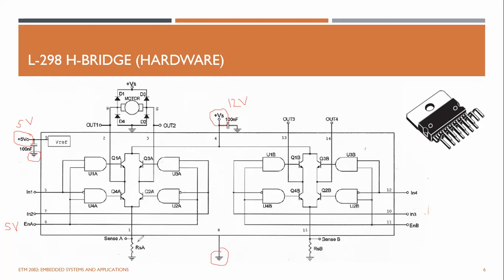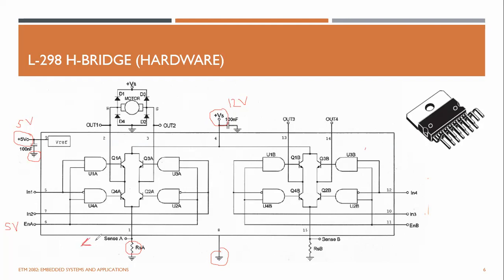Right, so there are two sensor resistors, shunt resistors, that are used to generate an analog voltage which is proportional to the motor current. The motor current is proportional to the driving PWM signal.